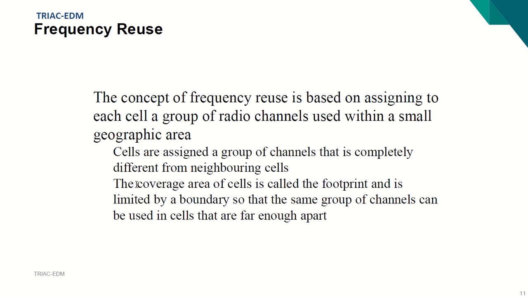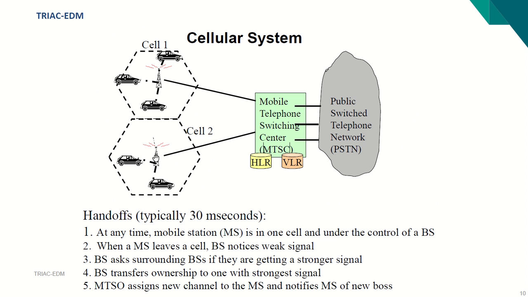This brings up the concept of coverage. Of course, it depends on the power. This looks like a reasonable coverage, while in reality, the coverage may not be so ideal.